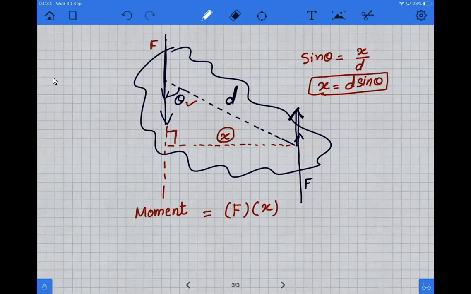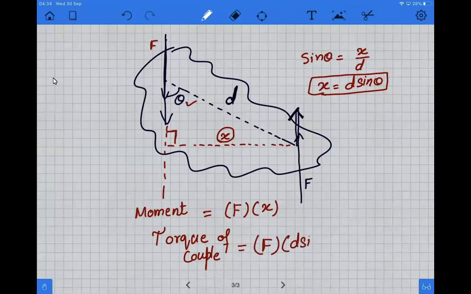So it can also be written as torque of couple, which is actually the net moment. Torque of couple in the above example could be written as F times perpendicular distance, which is d sine of theta. So this is the concept for torque of the couple.